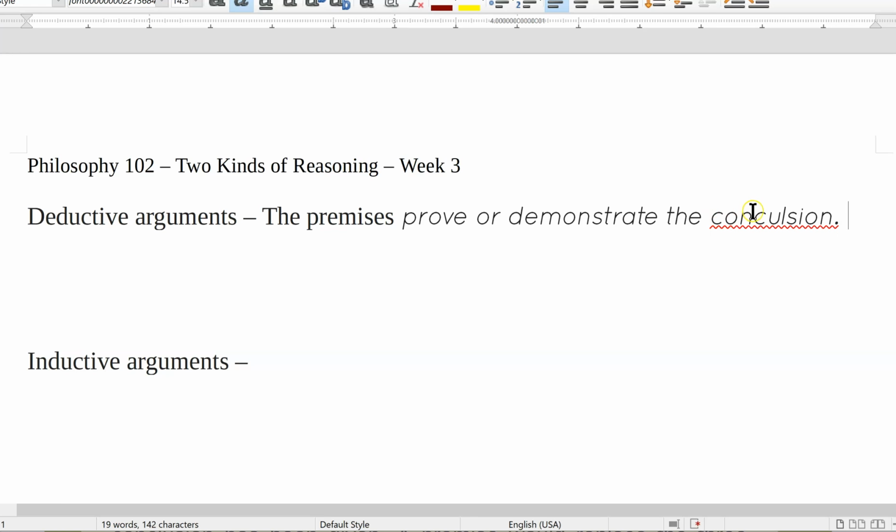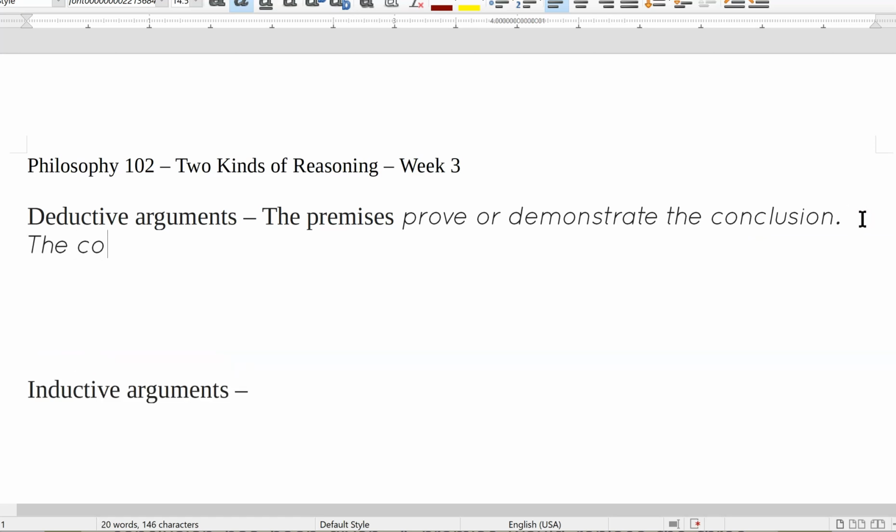Conclusion. There we go. What does this mean? This means, right? The conclusions are 100%. There's no way around them.